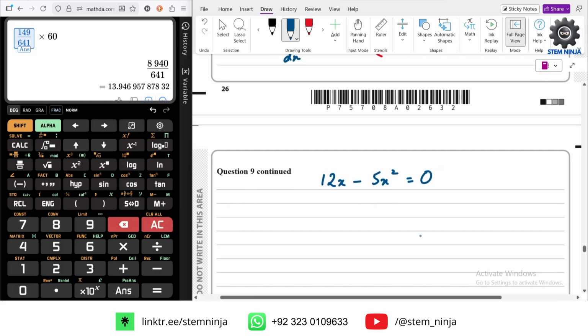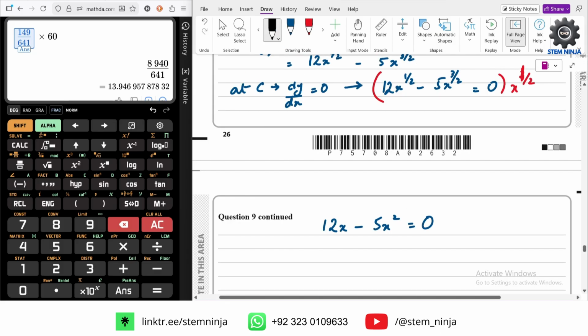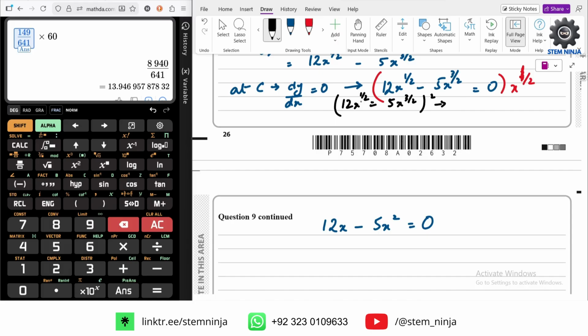Another way you could have done the same thing is by taking 12x^(1/2) over here, and this is 5x^(3/2). When you square both sides, you will get 144x, and this one would become 25x cubed.